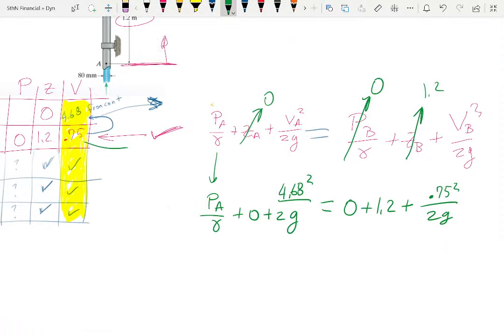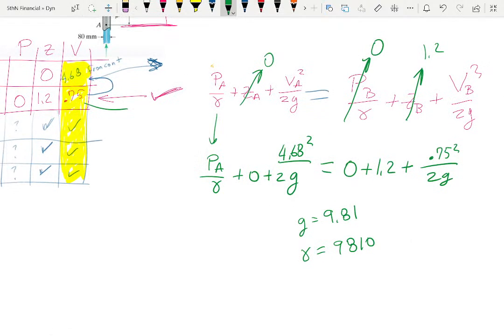Now, I have G equal to 9.81 because I'm in SI. And gamma in here is 9810. I like to think that this is kilograms per meter cubed, and this is nothing more than G times rho, which is this number and that number.